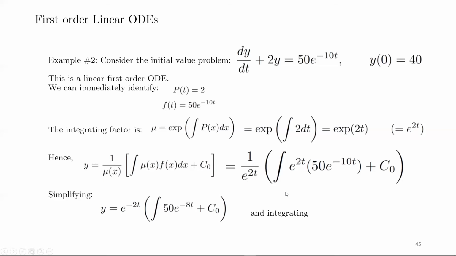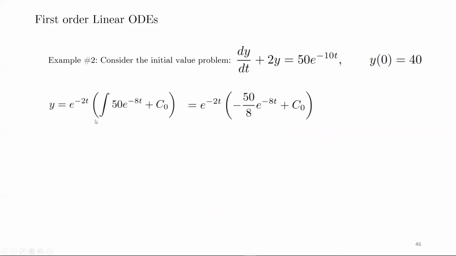I can integrate that fairly easily and find that our solution y is e to the negative 2t times negative 50 over 8 e to the negative 8t plus our integration constant. So therefore, bringing in this factor of e to the negative 2t, our solution is y equals negative 50 over 8 e to the negative 10t plus the integration constant times e to the negative 2t.